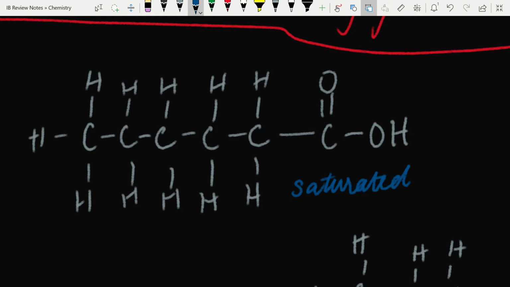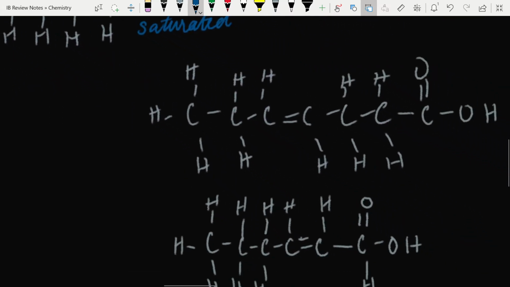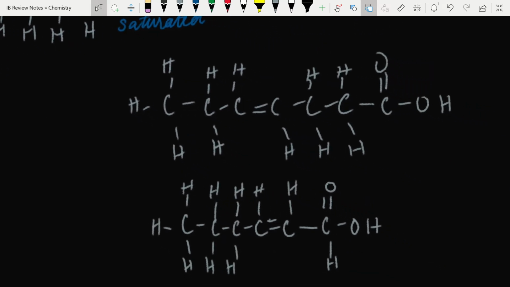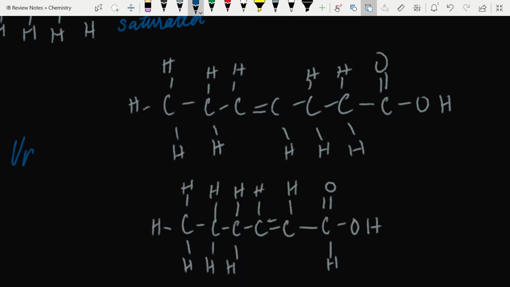Now, when we look at the other kind, unsaturated, these are unsaturated fats. There are 2 types. There's this right here, and right here.